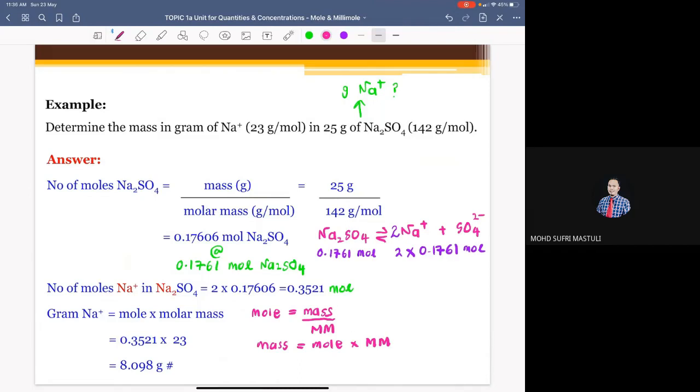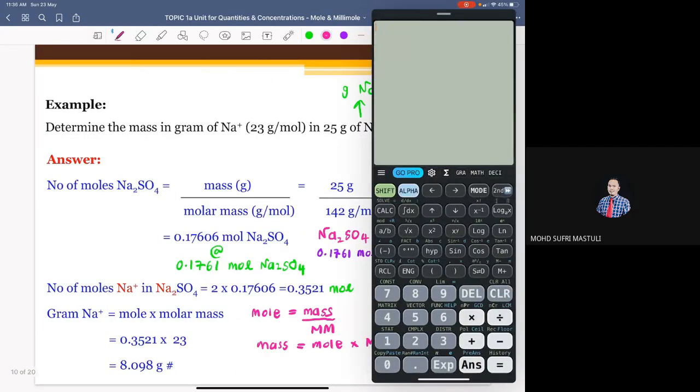So by using a calculator, 0.3521 times 23, the atomic mass of sodium, you can obtain 8.0983.